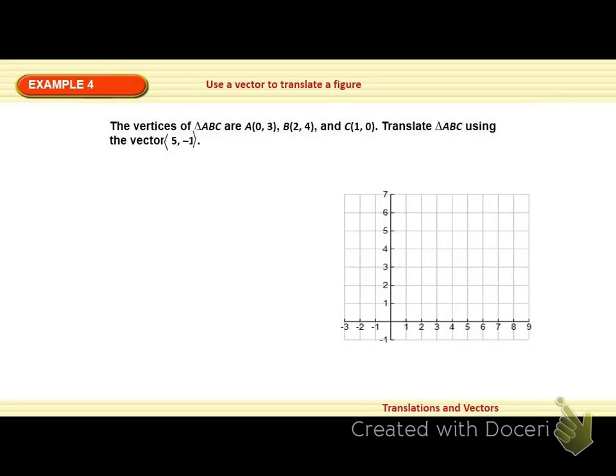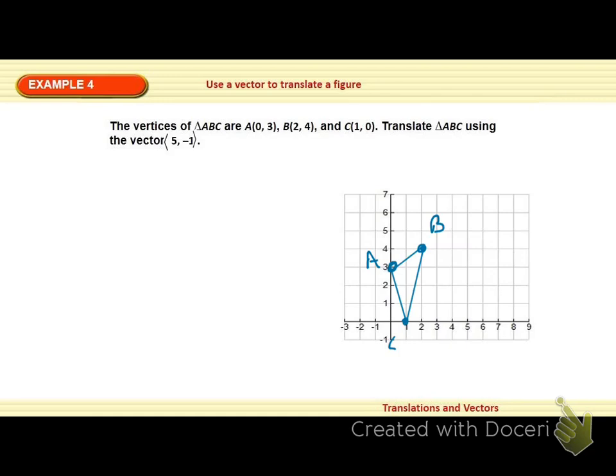Okay? All right. Now, we can translate an entire shape the same way. We can take triangle A, which is at 0, 3, B, which is at 2, 4, and C, which is at 1, 0. And now we're going to translate it with the vector with component form 5, -1.